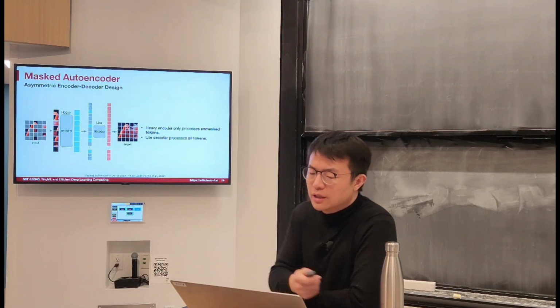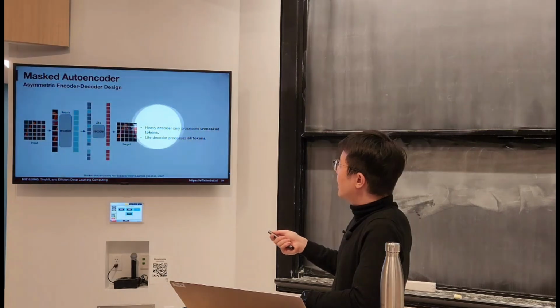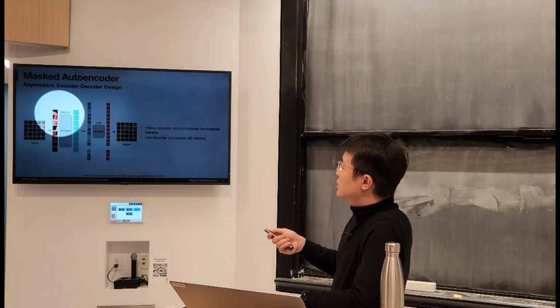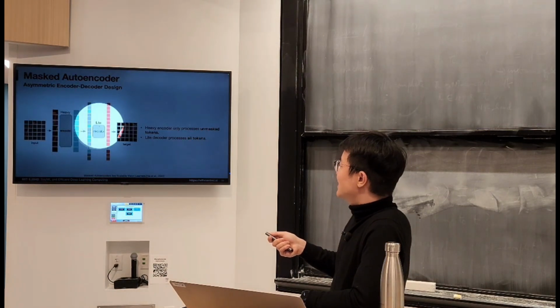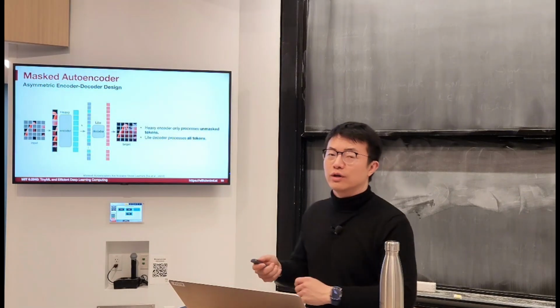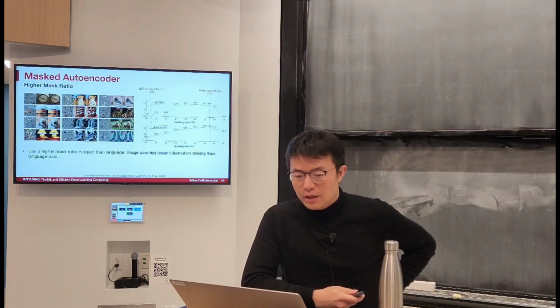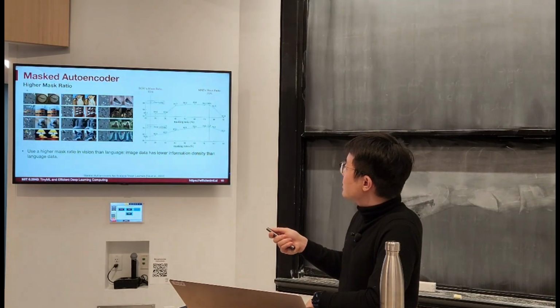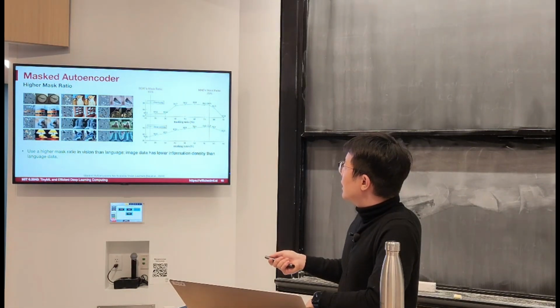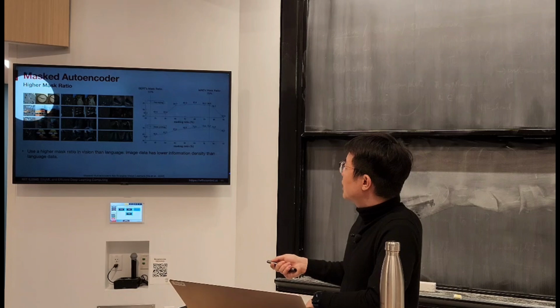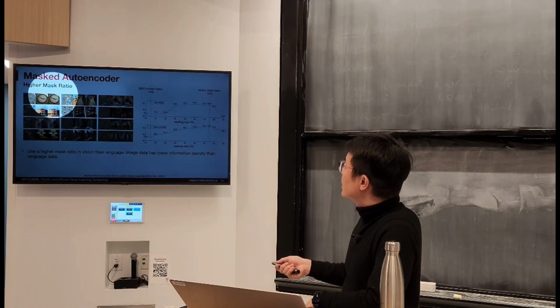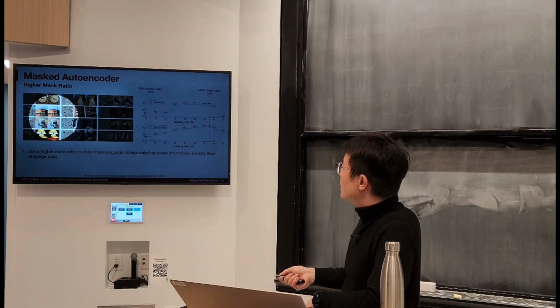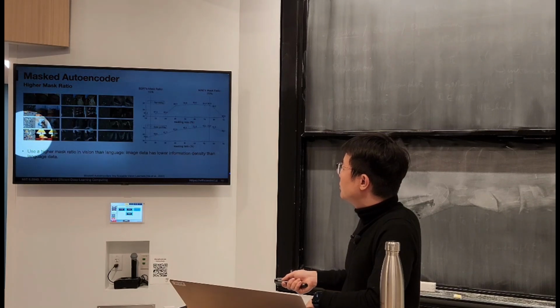So why do we need a heavy versus a light one? Because the heavy encoder deals with fewer tokens, while the light decoder can deal with more tokens. Actually, this method works quite well. For example, even if we mask a lot of components, like here, the clock becomes almost indistinguishable. But amazingly, this approach can still recover the clock, the bus, the dog, the lab, with only a few pixels.